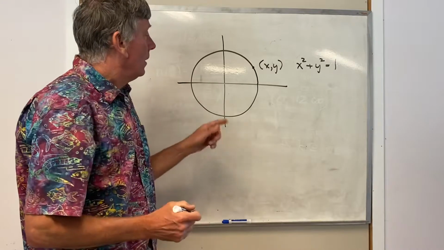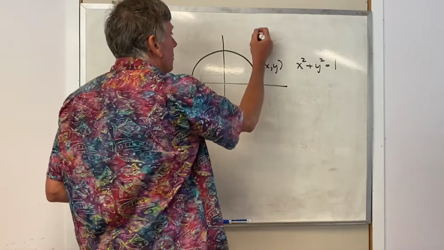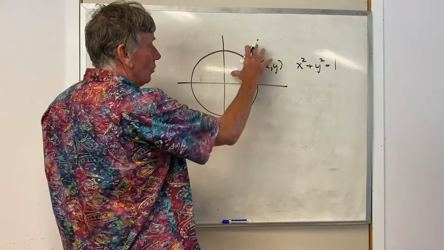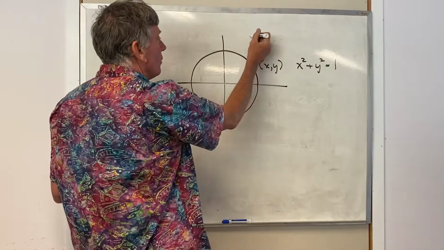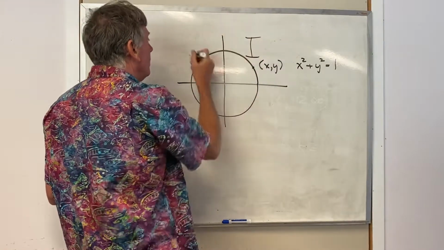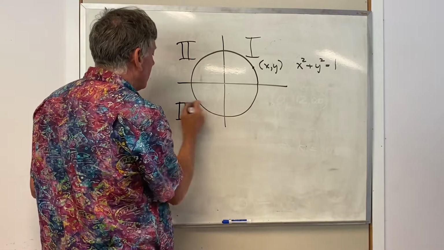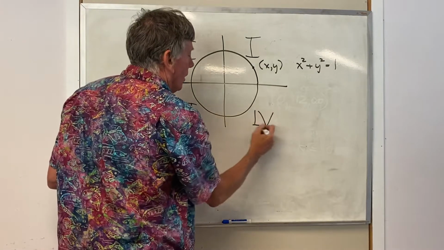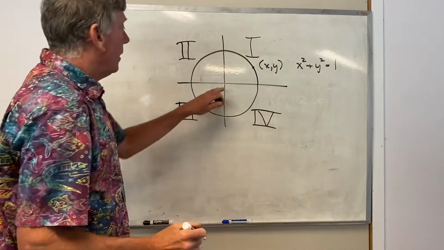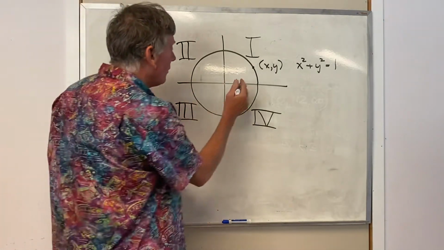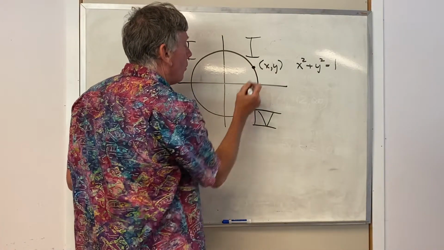So, knowing that, we also split this into 4 obvious quadrants, and we name them Roman numeral 1, Roman numeral 2, Roman numeral 3, Roman numeral 4. Now what's interesting is, here's a point in this quadrant.